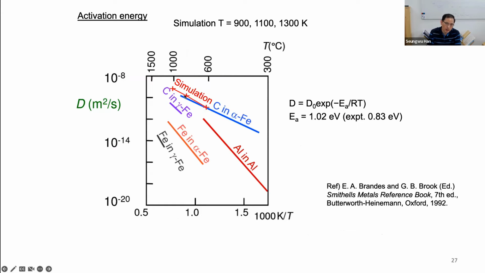And also, the slope of this diffusion coefficient gives you an activation energy. And from the simulation, it is around 1 electron volt, which is quite comparable to the experimental value of 0.83 electron volt. So right, you can directly simulate such a diffusion process, because in this case, this is a high temperature simulation, and therefore you can directly observe such a diffusion within your computation time.